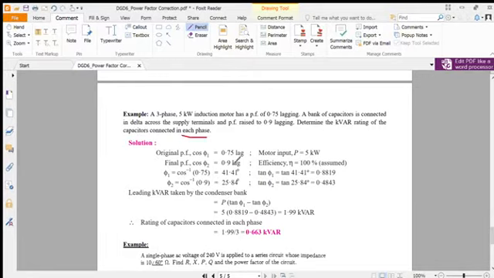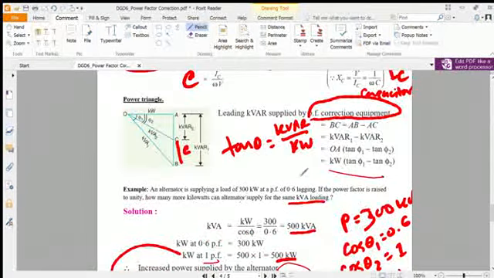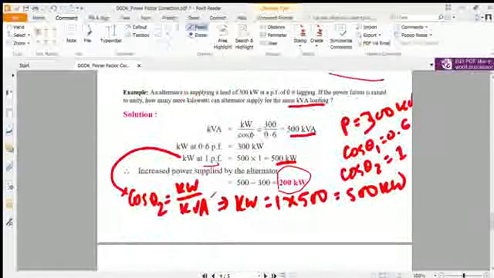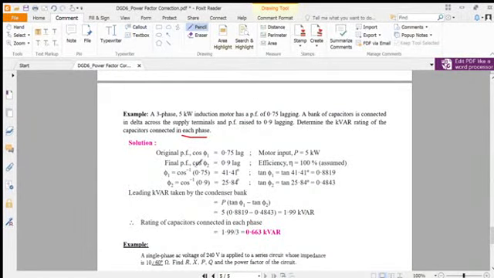We know the formula here. This is the leading kVA supplied: P times tan theta 1 minus tan theta 2. We have cos theta 1, then we can find theta 1 and theta 2, and then tan theta 1 and tan theta 2, and the value of P here is 5 kilowatt. If we put that in, we'll get the total.